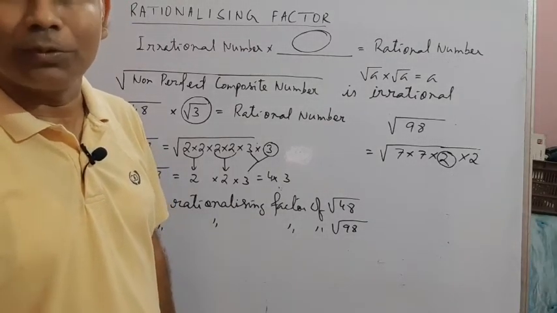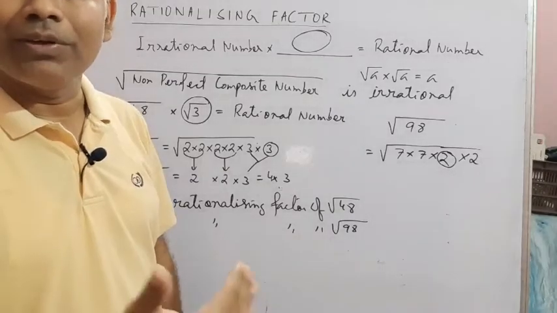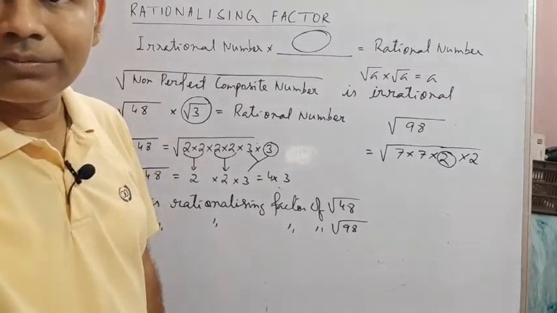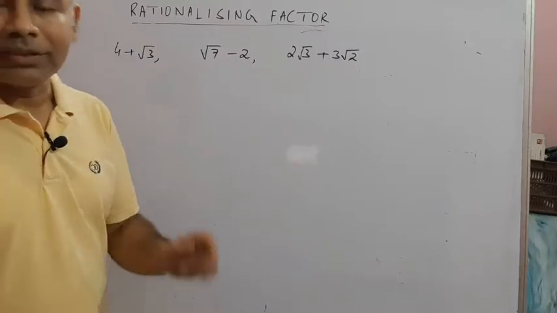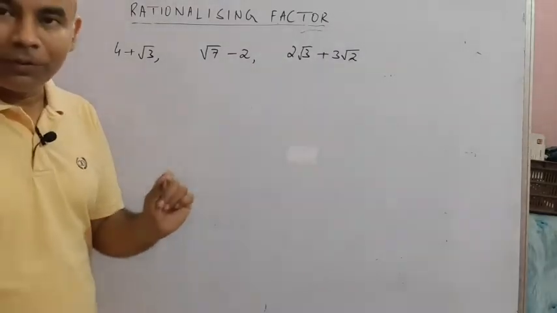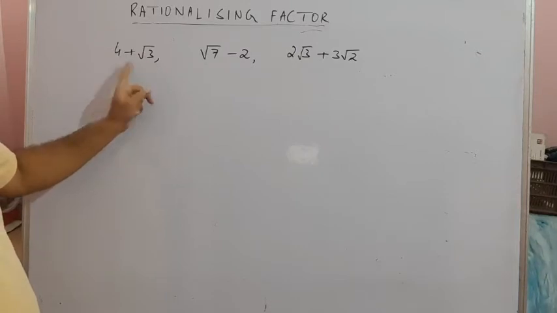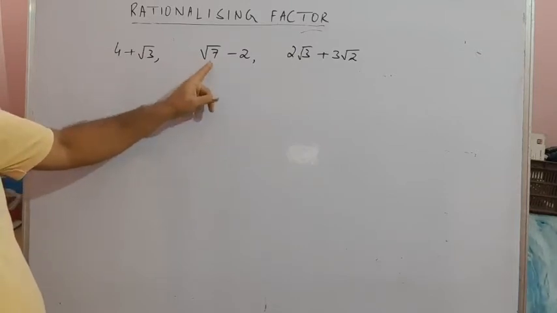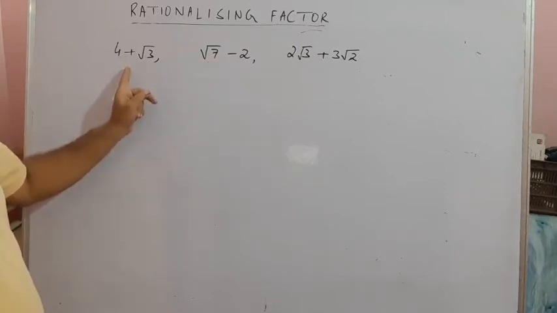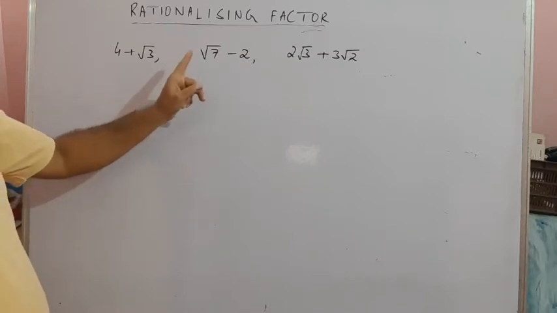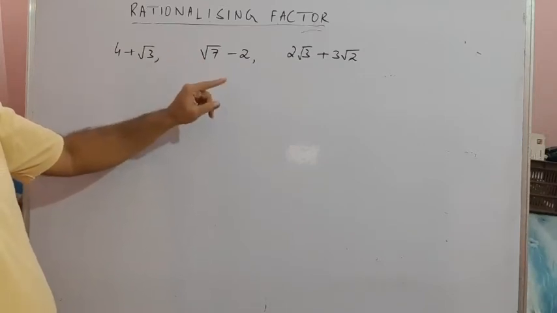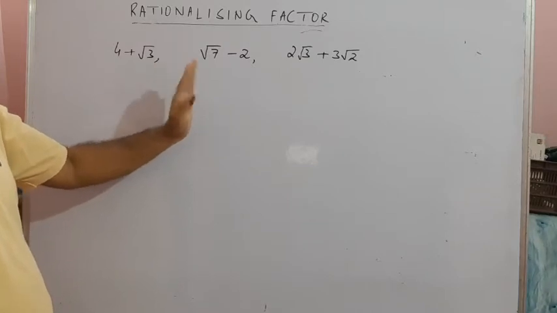Now let us go to the next type of irrational number. Okay, students, all of you know that when a rational number and an irrational number are added or subtracted, okay, it is always irrational.